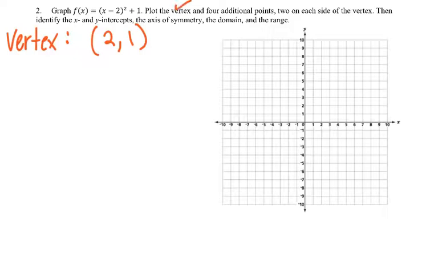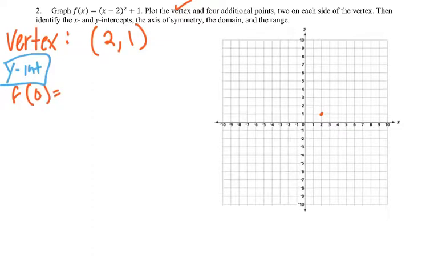So I'm going to plot my vertex at 2, 1. And now we're going to plot some additional points. So the first point I'm going to look for is my y-intercept. To find that, we find f of 0.